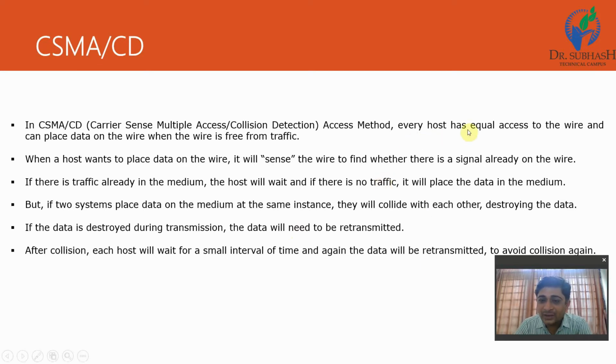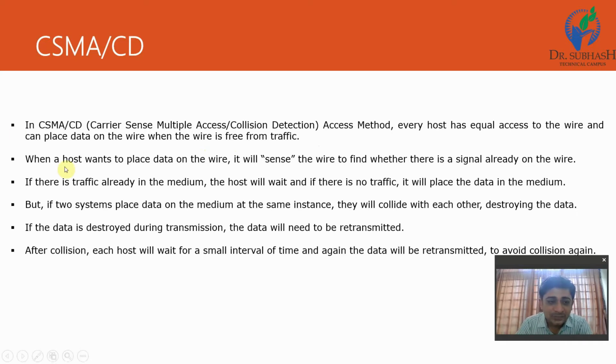Every host has equal access to the wire and can place data on the wire when the wire is free from traffic. Here there is a transmission medium, that is a wire, that may be a wireless medium. So first of all it will check, is it free? Is it free to transmit your data? If it is free, then the network will transmit the data.